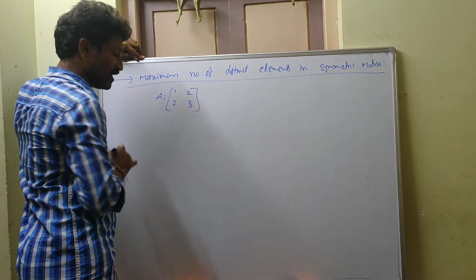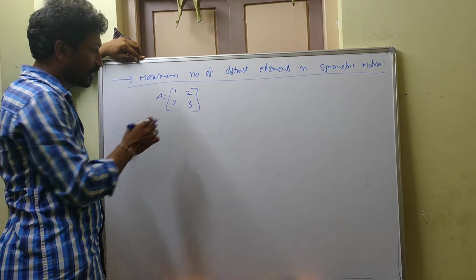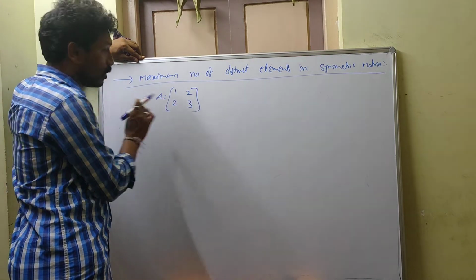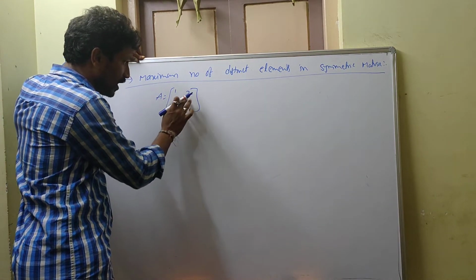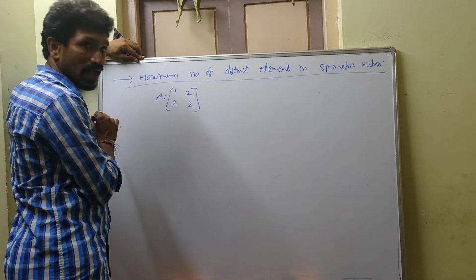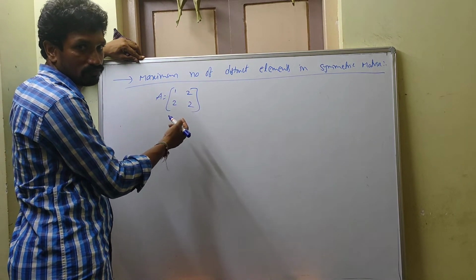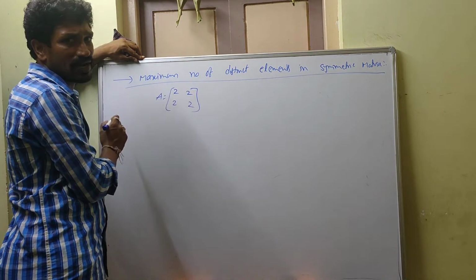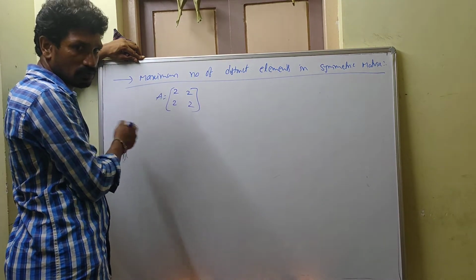It is a symmetric matrix. If you want to get the maximum, it should be like that only. Maximum means if you take 2 here, it never gives the maximum number. It gives the minimum number. If you take it here also, it gives the minimum number. It is a symmetric matrix very clearly. If you take A transpose, you get the same answer.